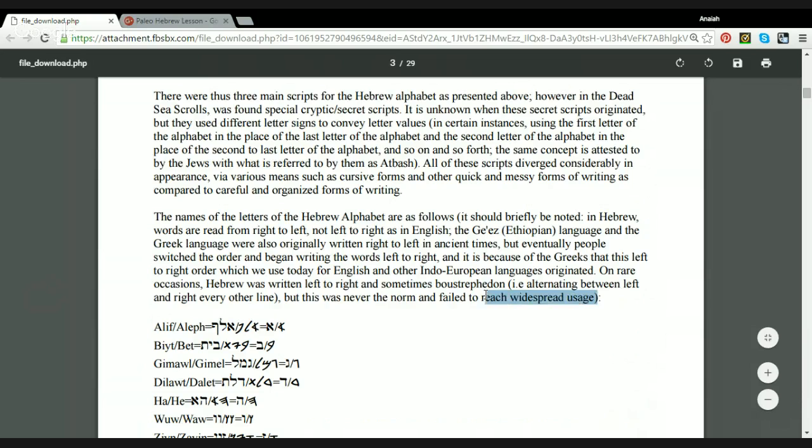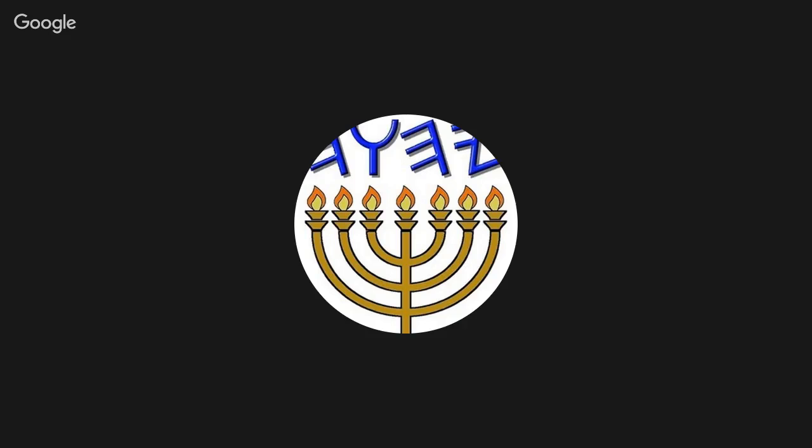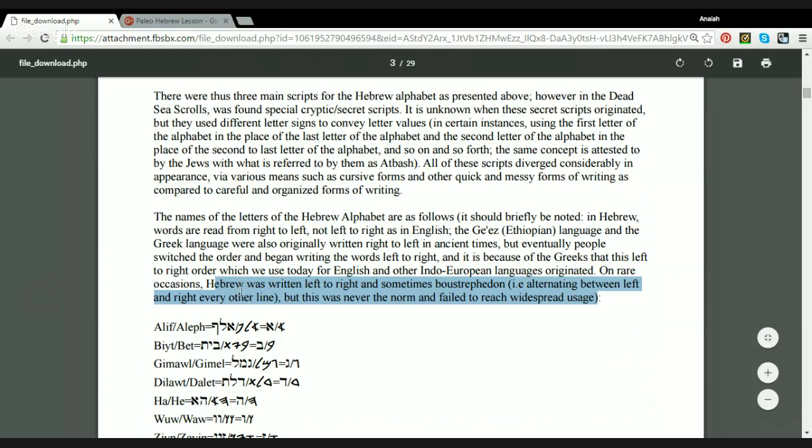Again, I got this information from scholars, top scholars. I read in Gesenius's grammar how on rare occasions Hebrew was actually written left to right, and sometimes alternating between left and right on each line. And the Indo-European languages, as you know, those are all the Latin, Greek, Germanic, English, all that stuff.